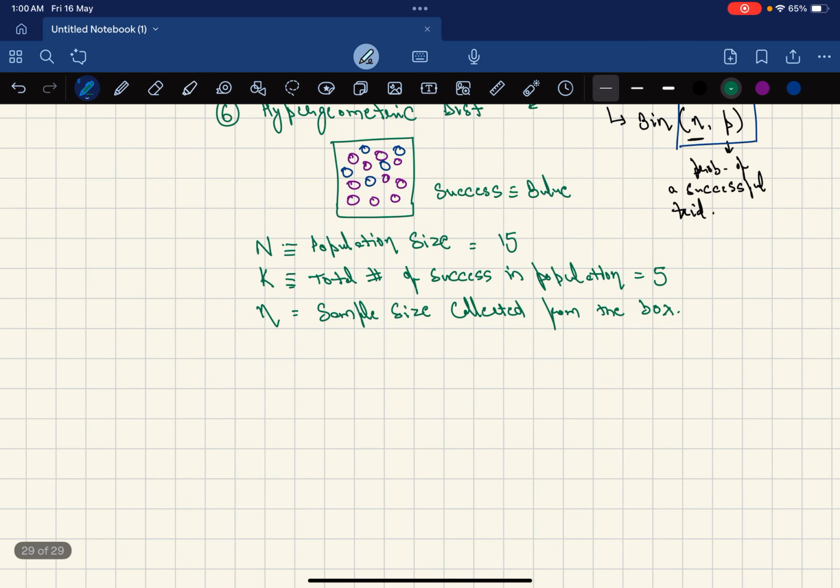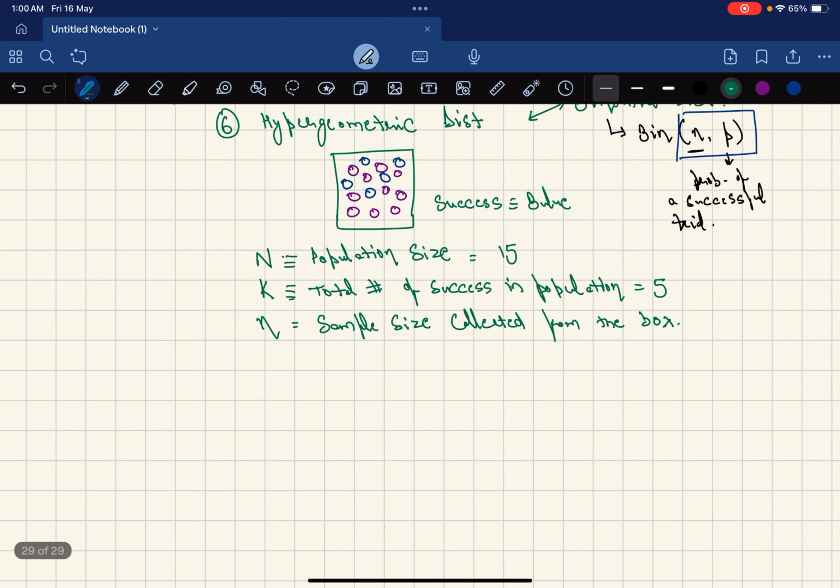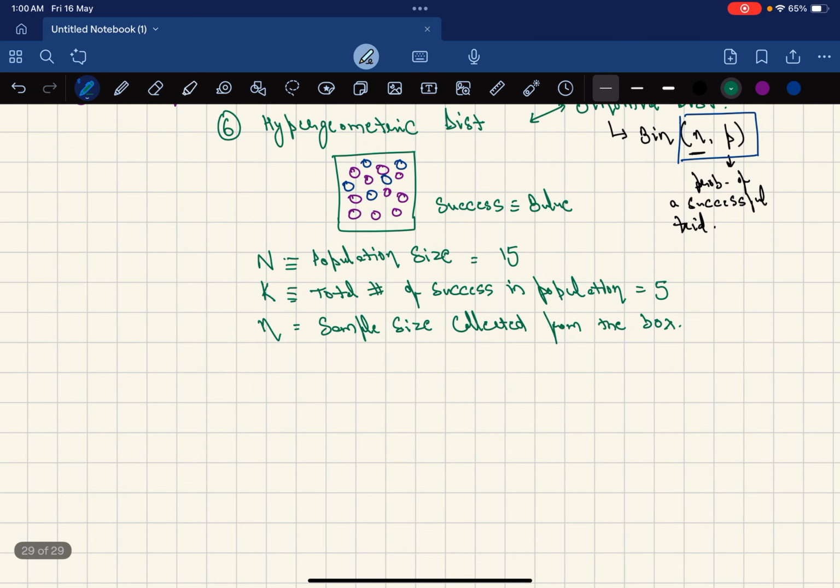Now for the probability mass function, or let's say the probability itself, we define this distribution. Let's say we have a random variable x. Now this is a random variable which has a hypergeometric distribution.